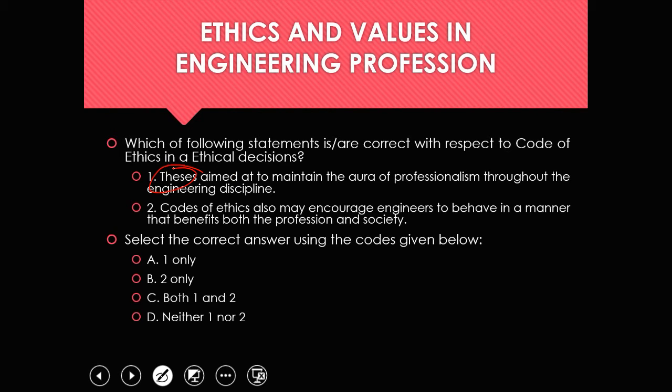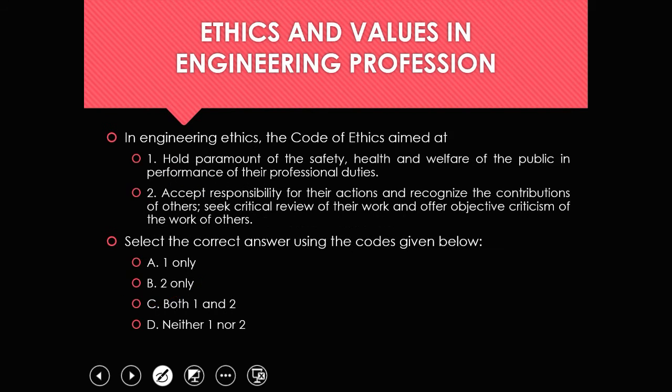These are aimed at maintaining the order of professionalism. Code of ethics may also encourage engineers to behave in a manner that benefits both the profession and society. Yes, you should be correct. Code of ethics hold paramount the safety, accept responsibility for their actions.